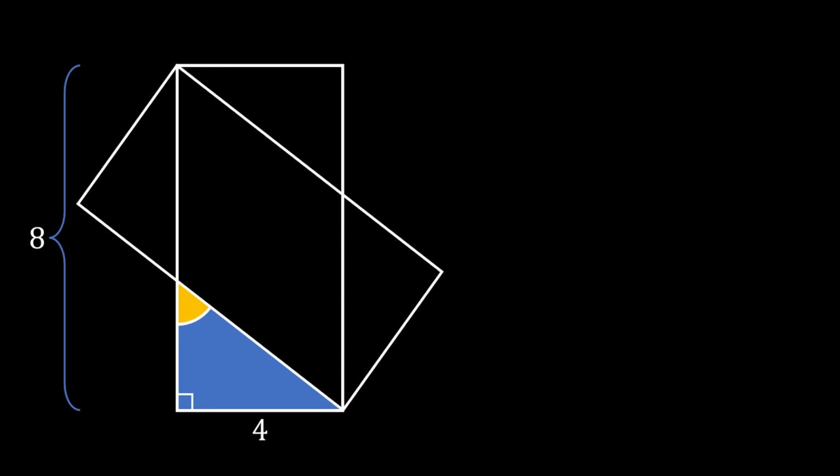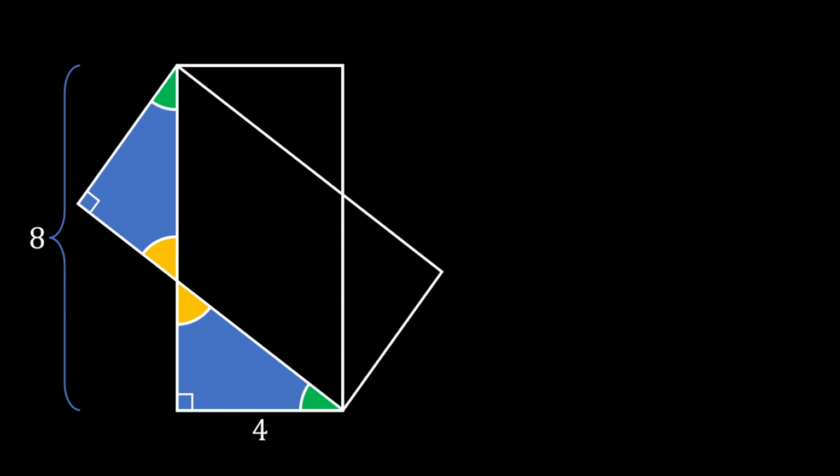We can notice that this angle must be congruent to the angle above it by using the vertical angles theorem. So if we now notice another blue right triangle above, you can see that those two triangles have two identical angles. So this means that the other two angles are congruent.